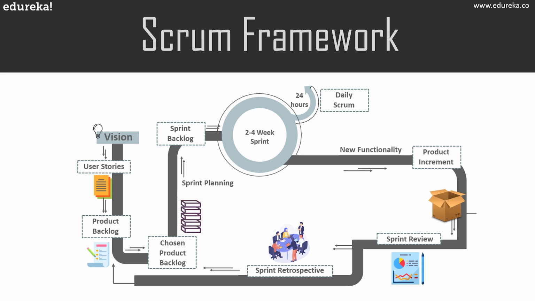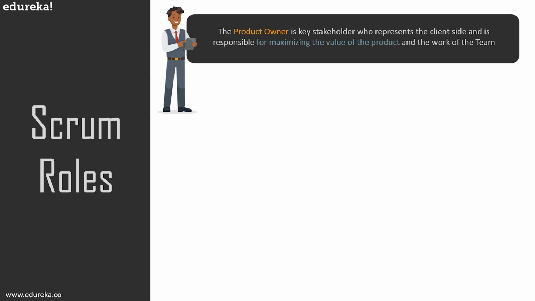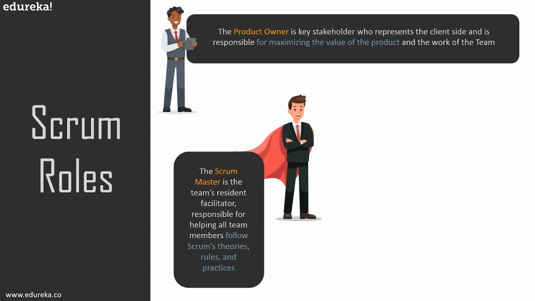Now you might be wondering, where does the Scrum Master fit in here, right? The Scrum framework has three important key roles: the product owner, the Scrum Master, and the development team. The product owner is responsible for the work the team is supposed to complete. The main role of the product owner is to motivate the team to achieve the goal and the vision of the product. Next up, we have the Scrum Master.